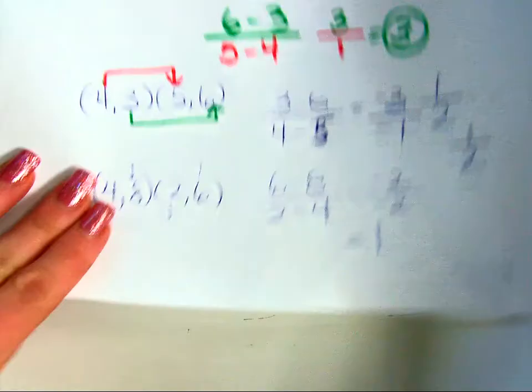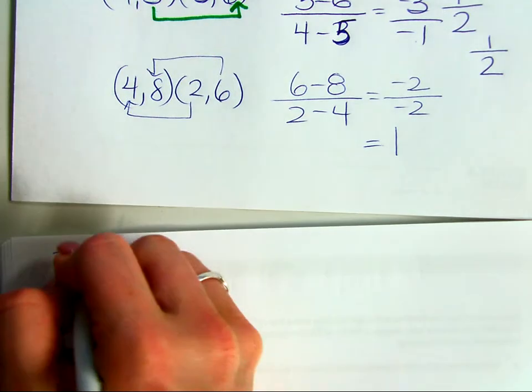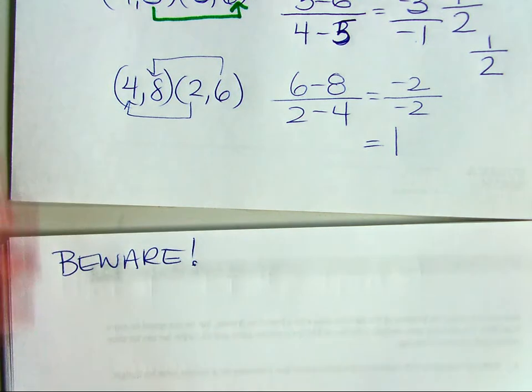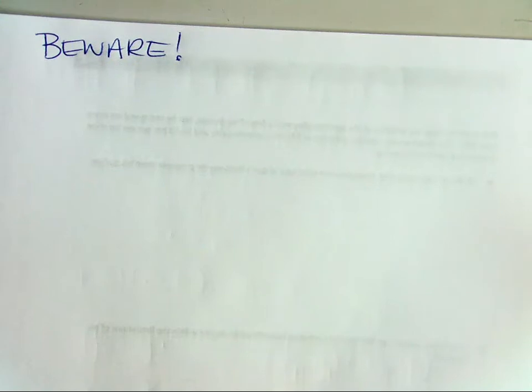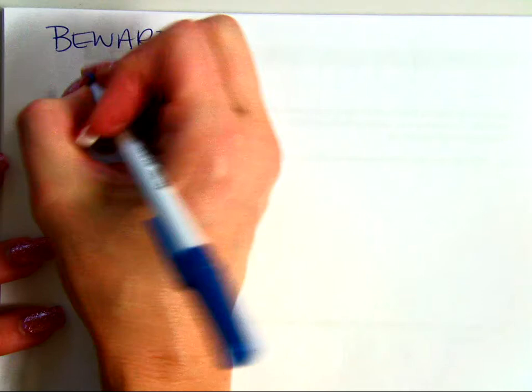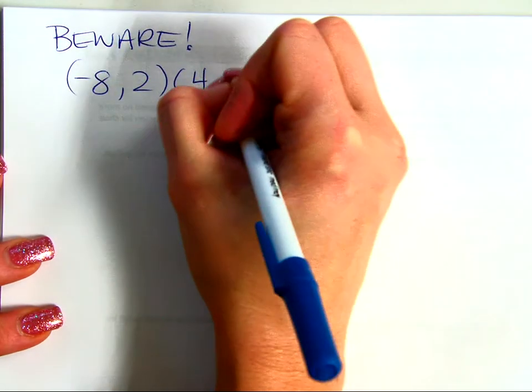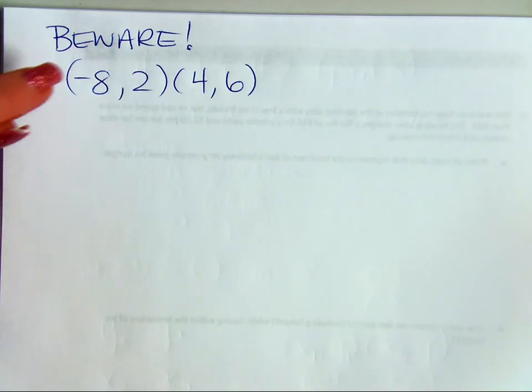Now, beware. So put beware. We're switching holidays here. We're going from Christmas colors to Halloween. Scary. Beware of this. That negative is like the downfall for so many kids every year in these problems. I'll tell you why.